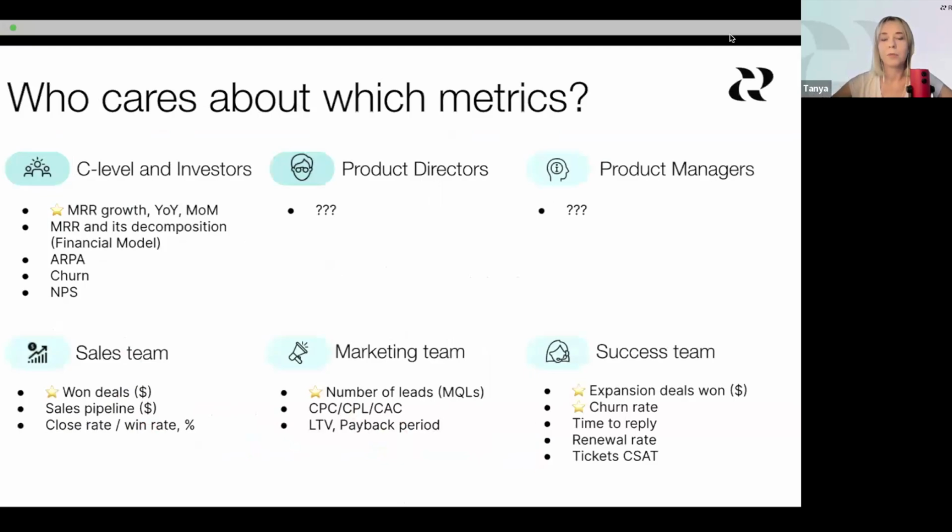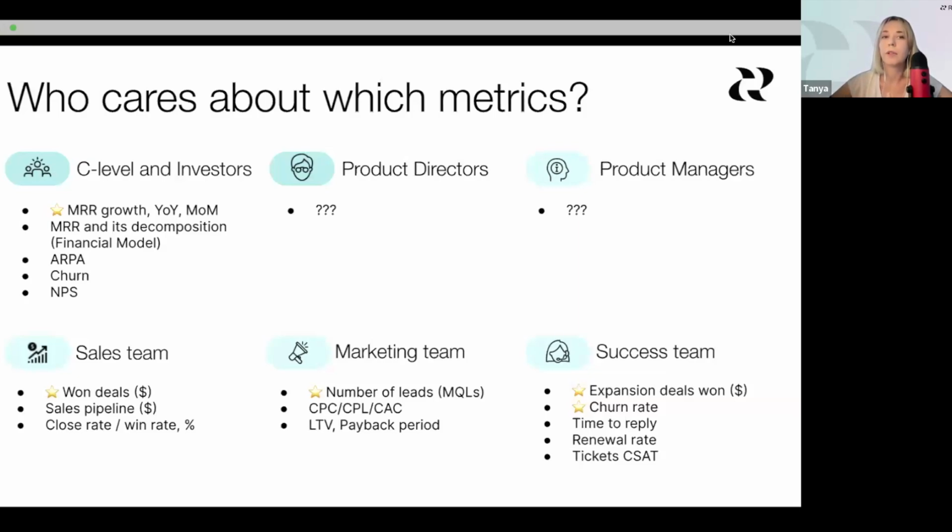What happens is that different departments in the company start to care about a different set of metrics, and they have their own set of KPIs. For example, the C-level and investors team look more at the financial model and how the startup is growing, mostly at monthly recurring revenue growth, year over year and month over month, ARPA, churn, NPS.